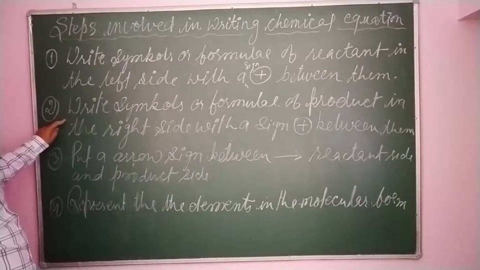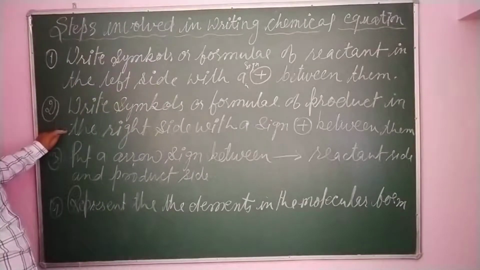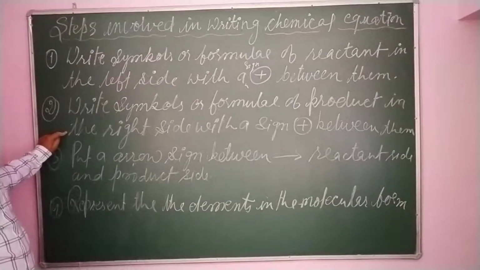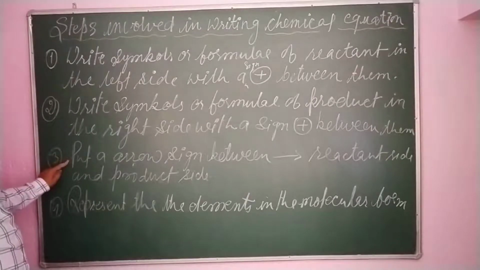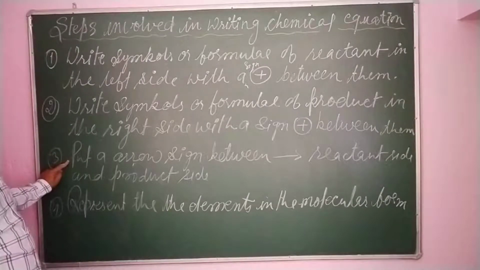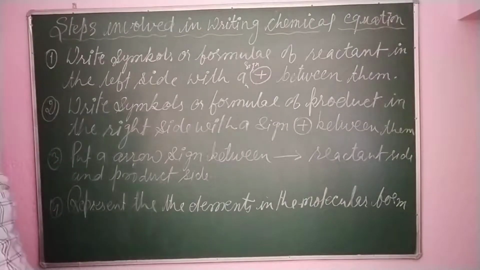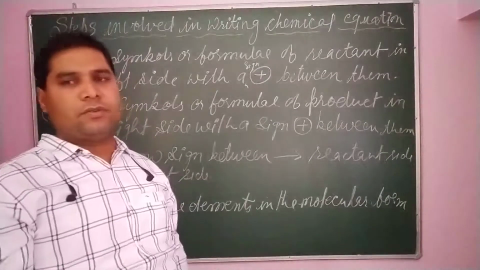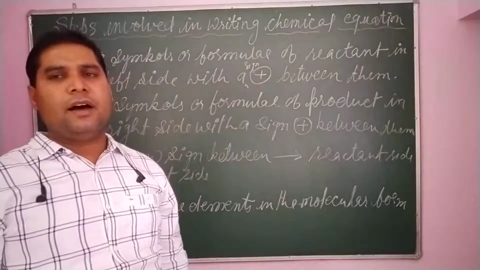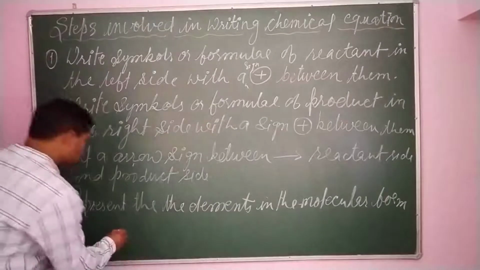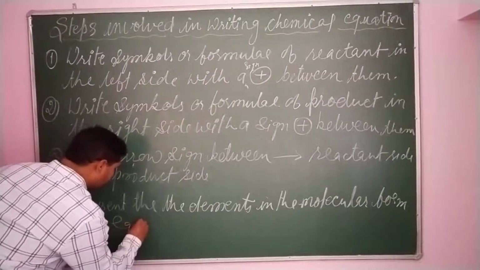Second, write the symbol or the formula of the product in the right hand side with a plus sign between the products. Put an arrow sign between the reactant side and the product side and represent the elements or the compound in the molecular form. Let us understand with the help of an example.